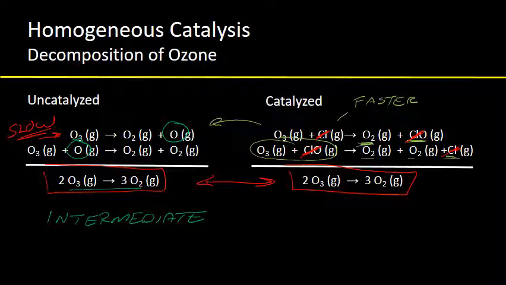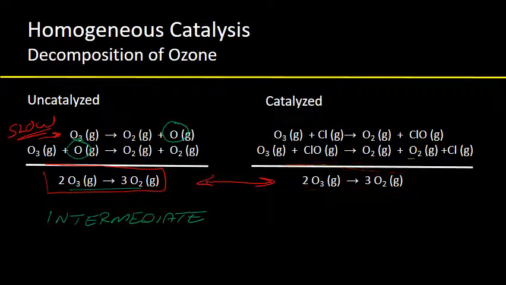Okay? All right, I want to look at this a little bit more. Okay. So we've got two interesting species in this catalyzed reaction, right? We have this ClO that's produced in an early reaction and consumed in a later reaction.